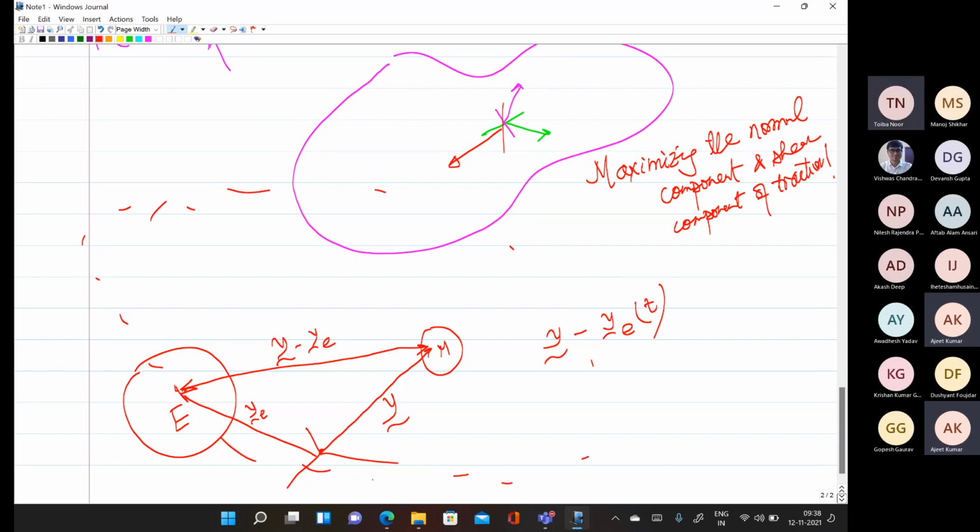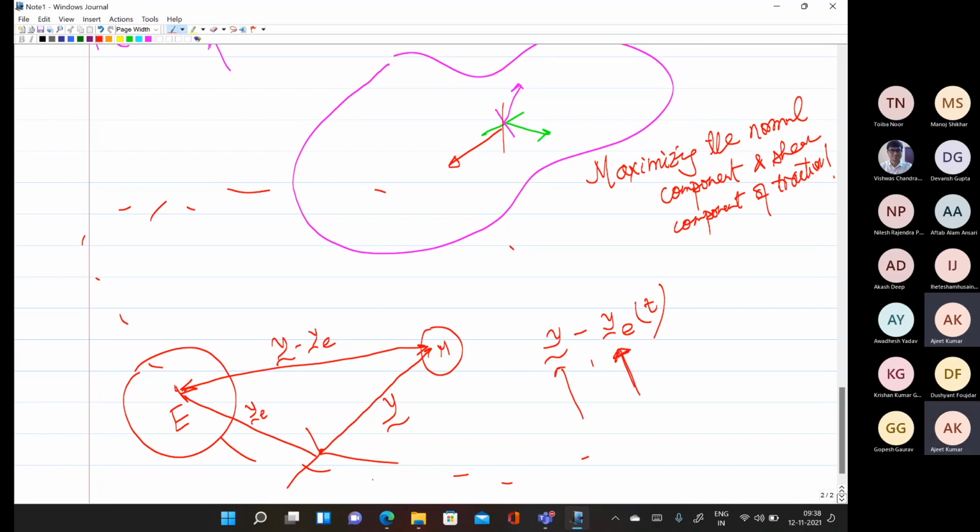Fine. Sir, do you have an example where B will explicitly depend upon time? A general example. Like in this case, it implicitly depends upon time. Is there an example? In this case also, ye. See, ye is not our unknown. Our unknown is y.